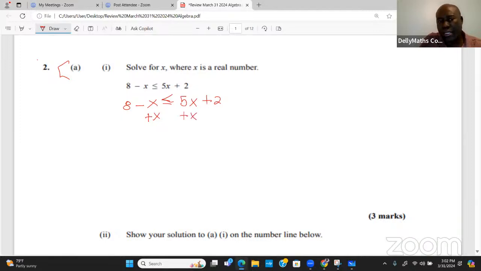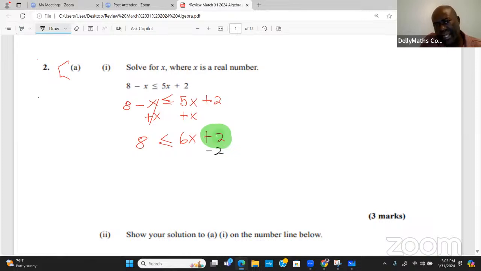When I do that, negative x plus x gives me 0. I have 8 here, less than or equal to, this becomes 6x plus 2. So basically, I added x to both sides, and this is what we have. Lastly, we're going to subtract the 2 because I need to isolate the x, so I need to get rid of that 2 on the right side.